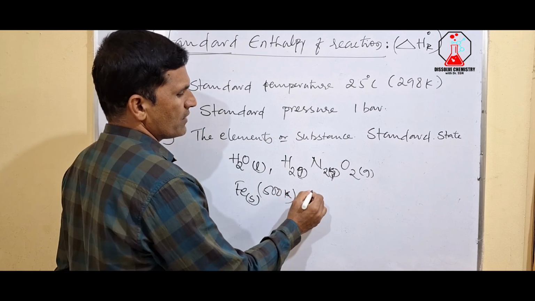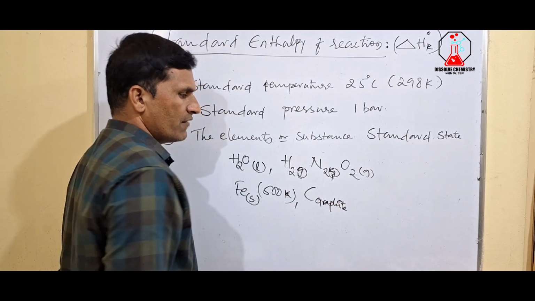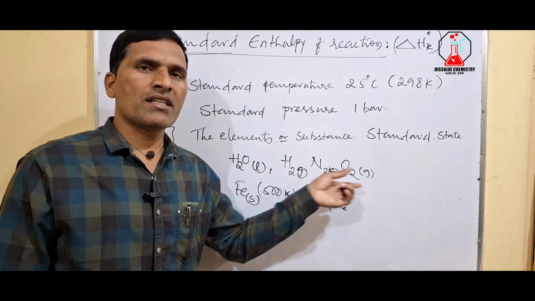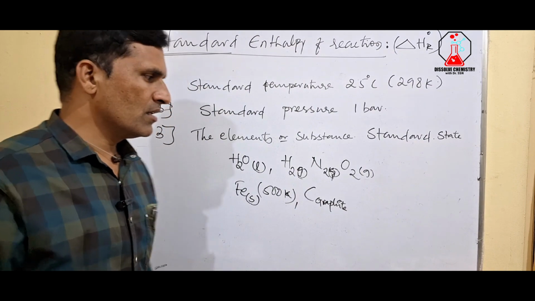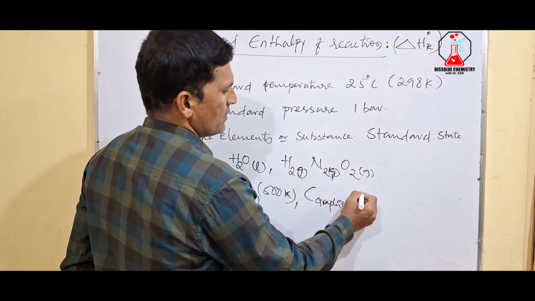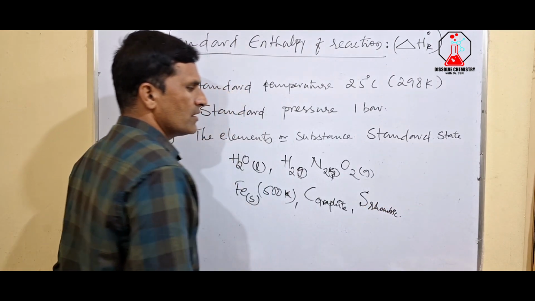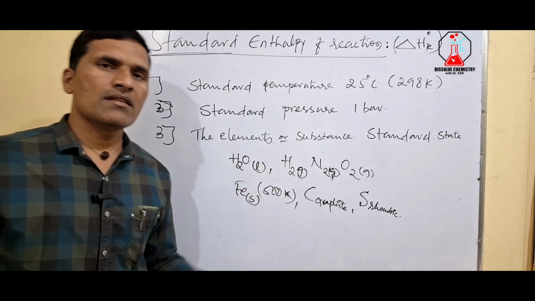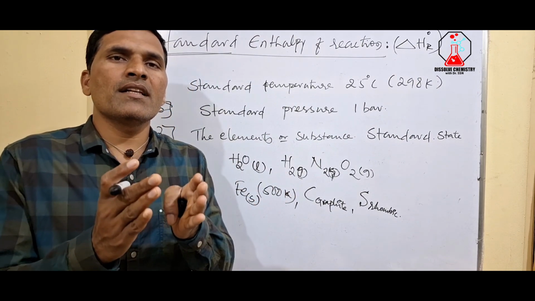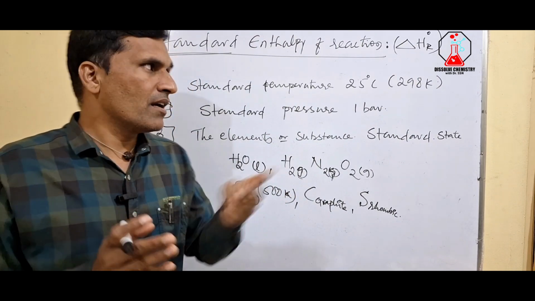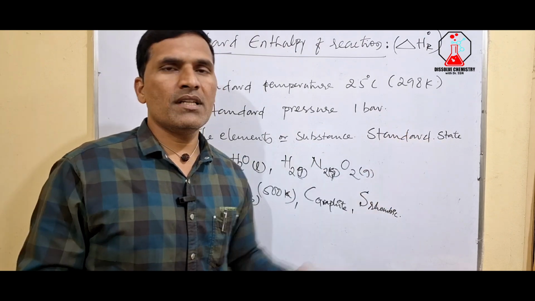Similarly, say for example, carbon's standard form is graphite. Okay, if it is mentioned as carbon graphite, and you are checking its combustion or whatever it is, then we call it what? Standard enthalpy of reaction. Okay, then for sulfur, we will take rhombic sulfur as the standard state, right? So like this, the element or compound, if it is present in the most stable state under these conditions, that is said to be the standard state of the substance.